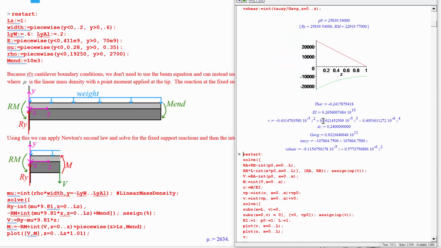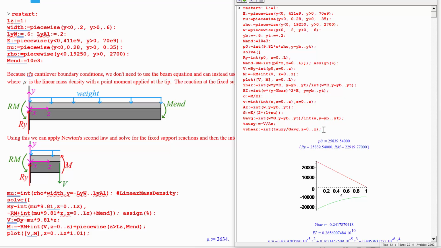Let's see. Okay, so we've got a displacement from bending, which goes like z to the 4, and not surprisingly, the shear displacement just goes like z squared, 2 fewer powers of z than the bending displacement.